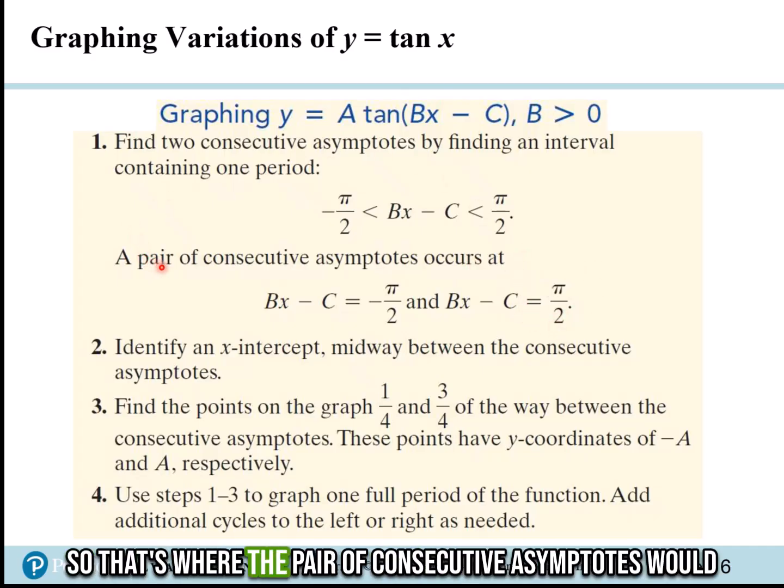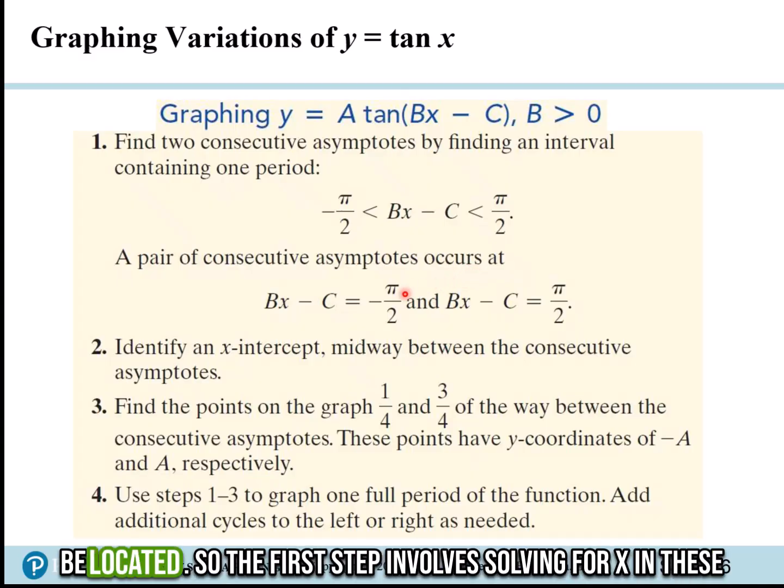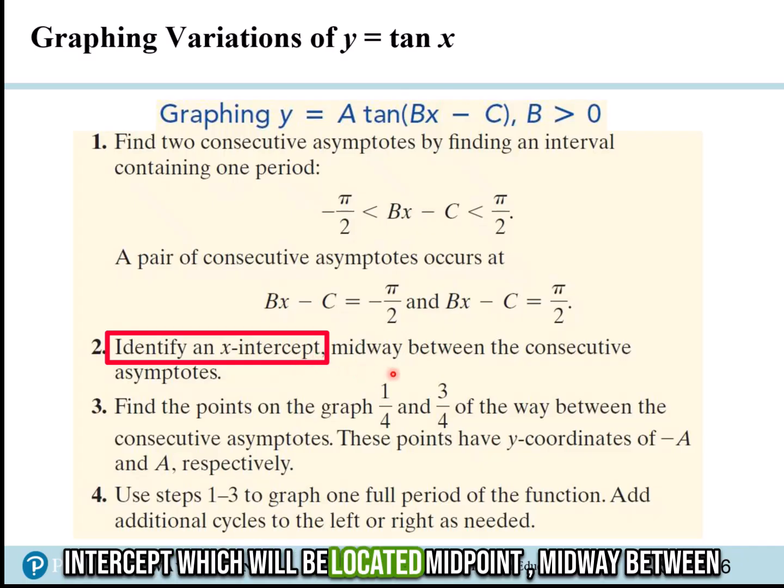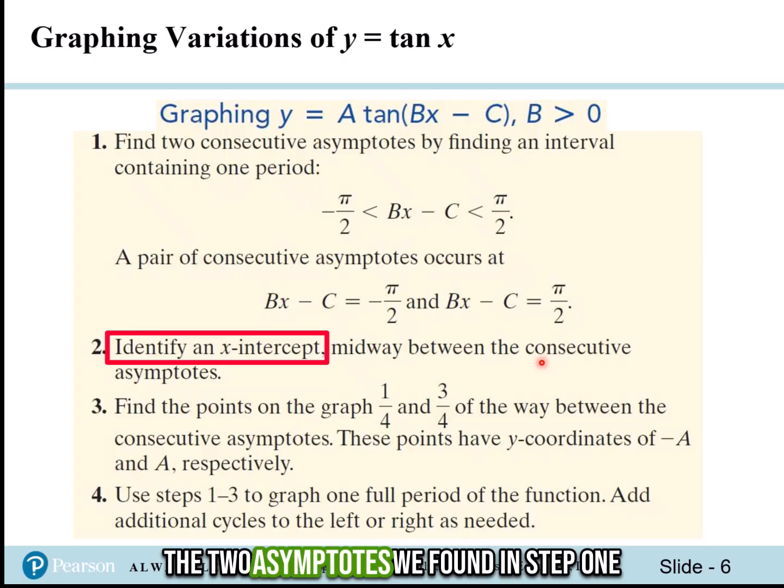So that's where the pair of consecutive asymptotes would be located. So the first step involves solving for x in these two equations. The second step is to identify an x-intercept, which will be located midway between the two asymptotes we found in step 1.